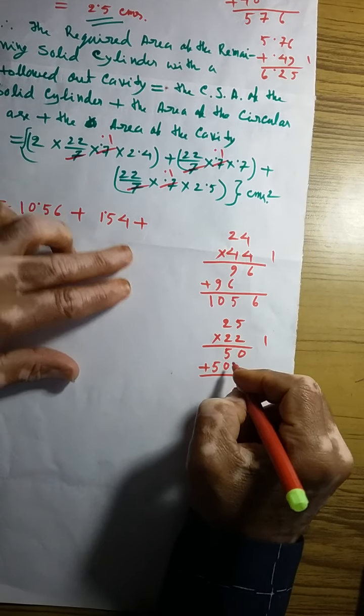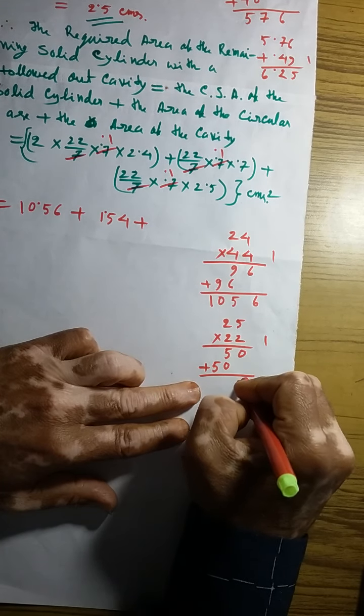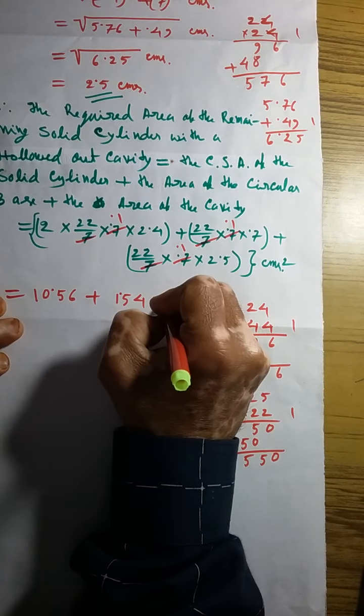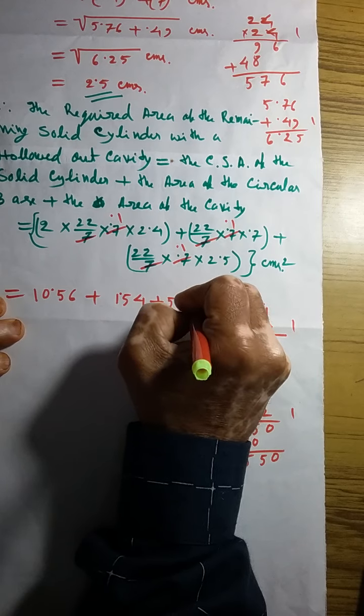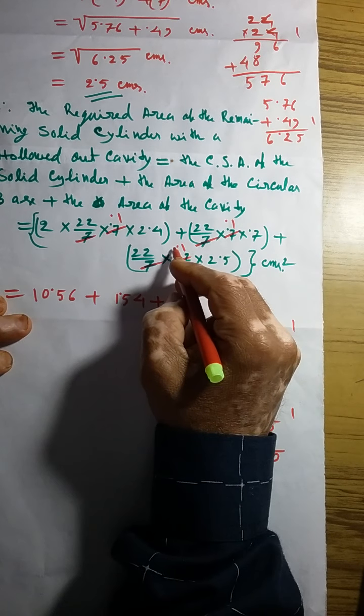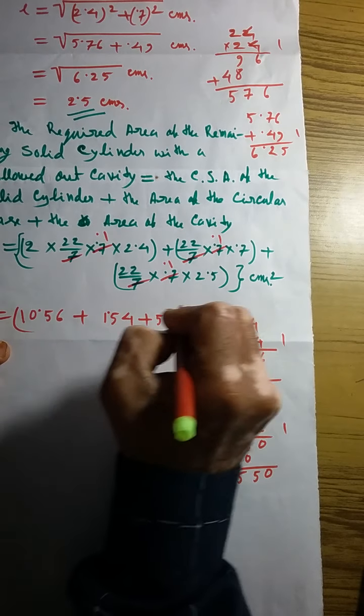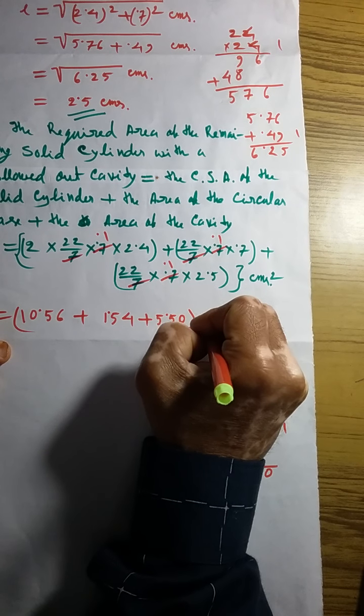Now if we add these elements, we will get 0 here, 5 here, 5 here, 550. Again we had 2 decimal points, so the decimal point will be put here. The unit will be square centimeters.